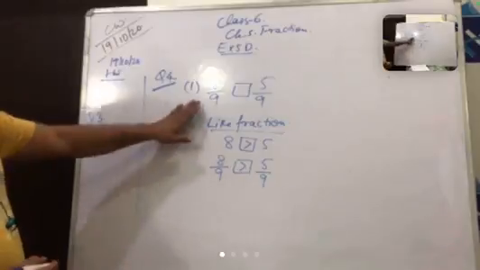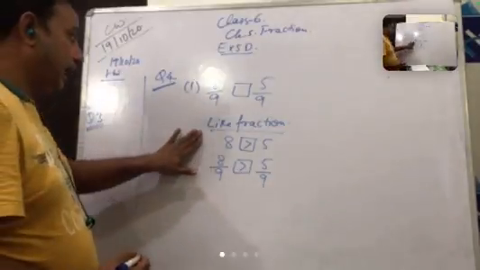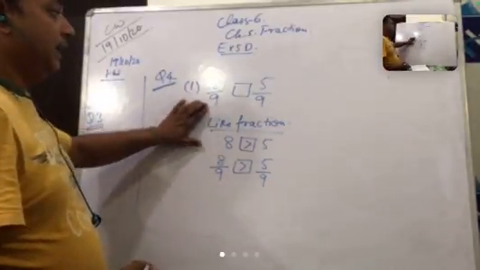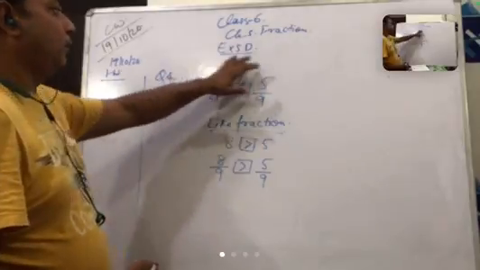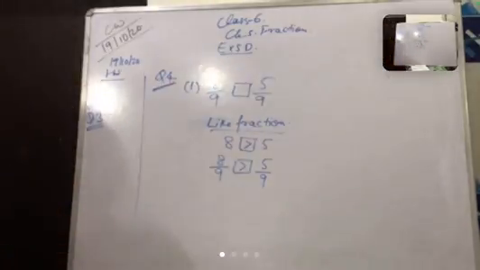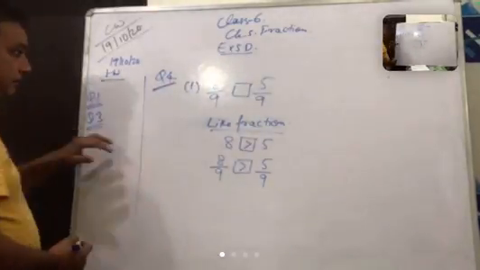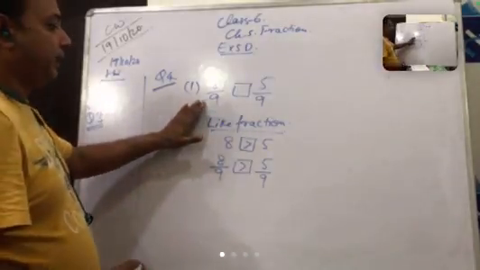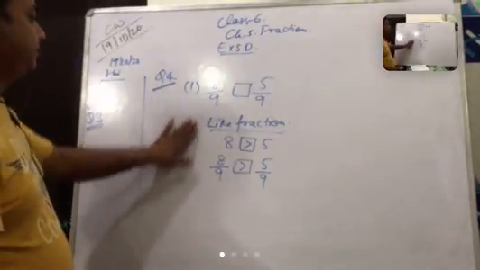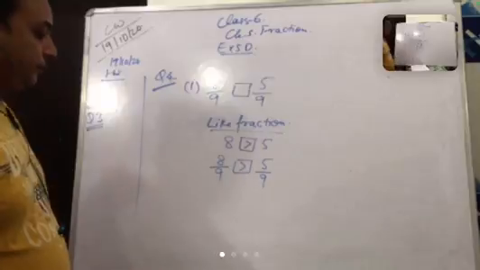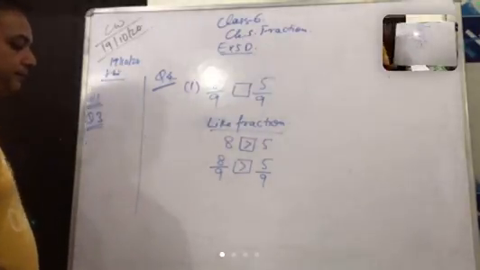This is very much important, ध्यान से सुनो. If it is a like fraction, then you can compare only the numerator. Is that clear and copied?